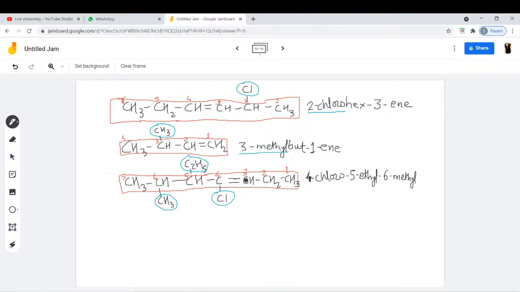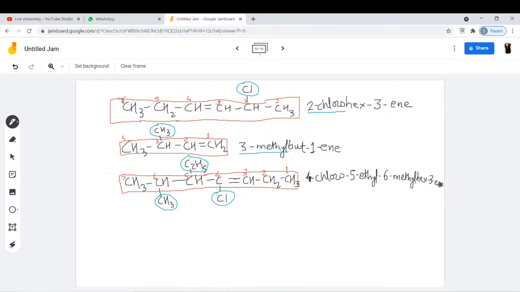And 1, 2, 3, 4, it's 7 carbons, so hexane, no, the double bond, so hex 3 ene, H E X, hex, 3, then E N E, hex 3 ene.